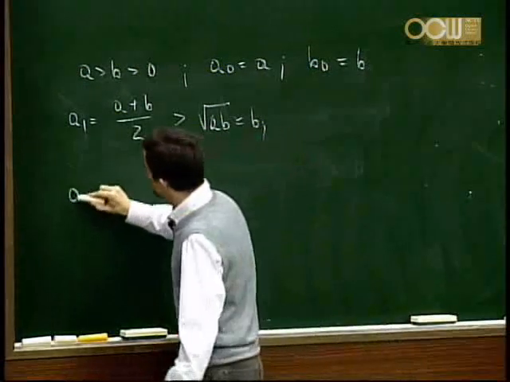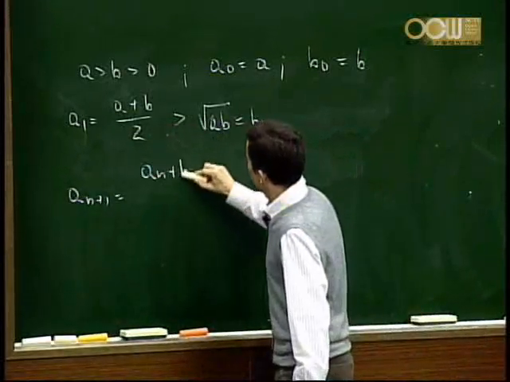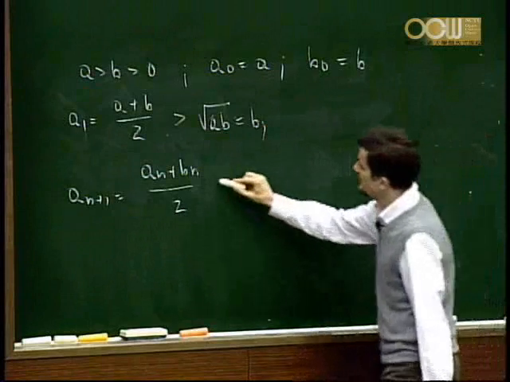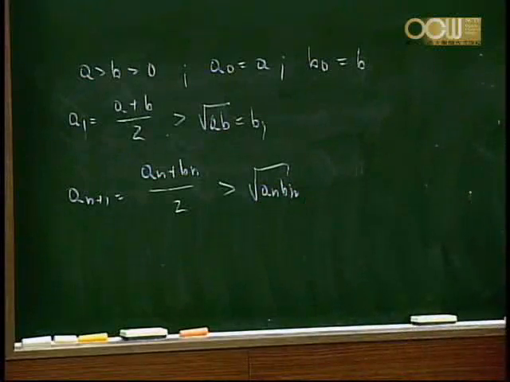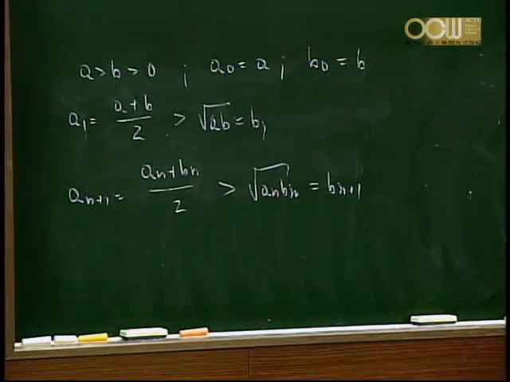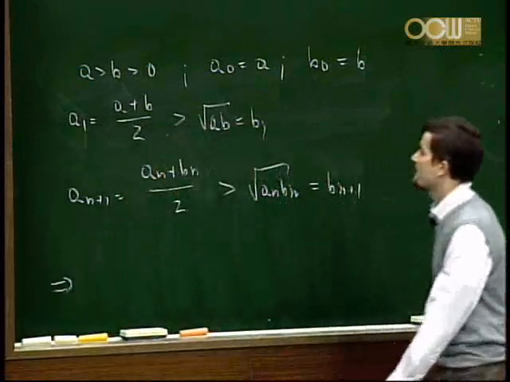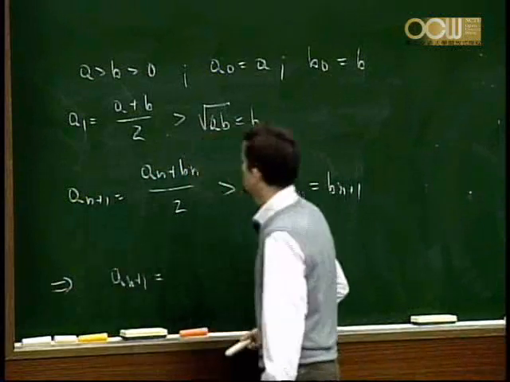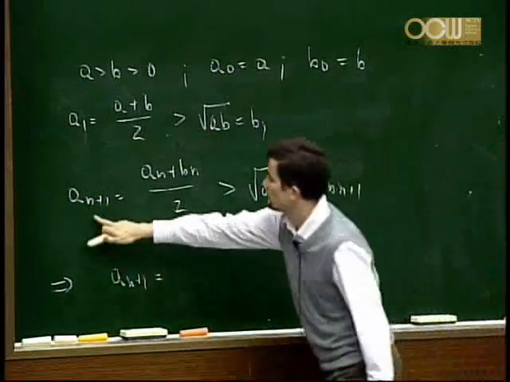Now you use a construction which goes on like this. You define a_{n+1} as (a_n plus b_n) half, so the arithmetic mean of the previous two. And this will be larger or equal than the geometric mean of the previous two, b_{n+1}.